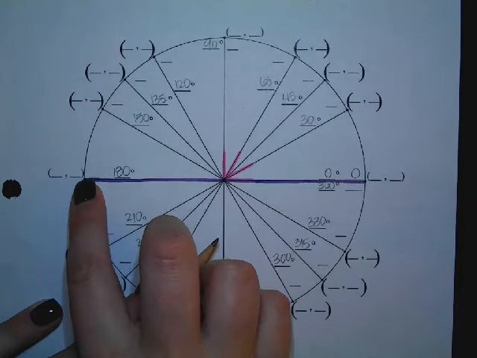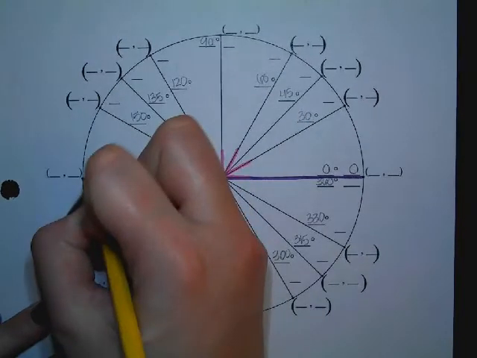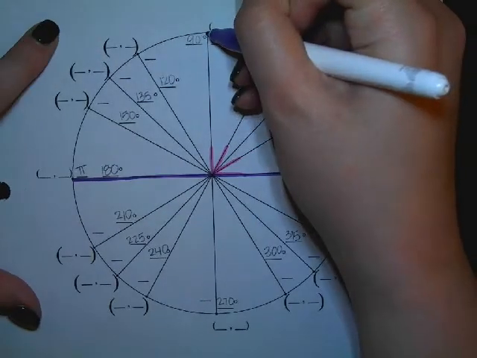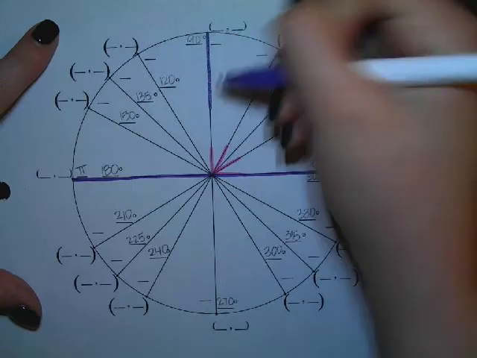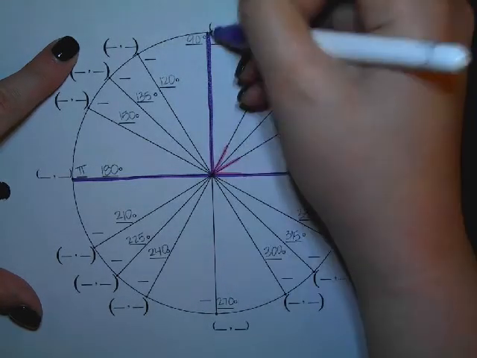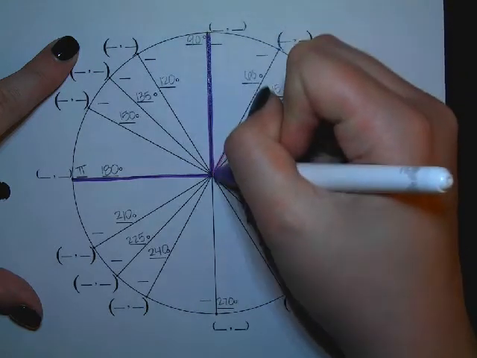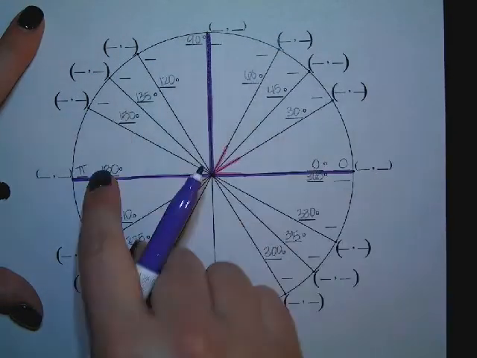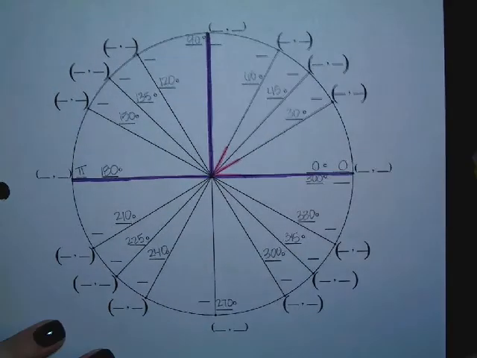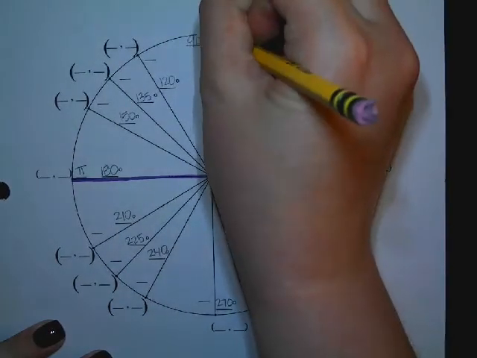It's 1 pi. That's pi. Okay. Same color. I got it. Okay, so this is 1 whole, and we just cut it in half, so what goes right here? 1 half.